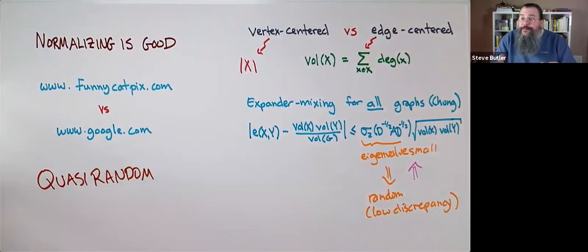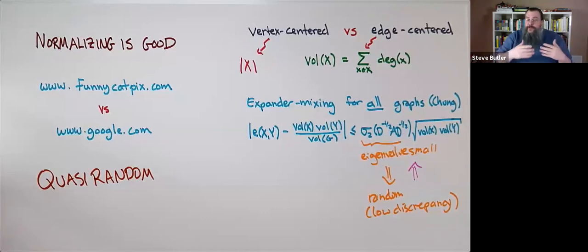What's quasi-random? Well, we have this idea of random. You go around and you flip a coin, and you make a graph this way. How random is it? How do I know that what I have is random? In some sense, you'd like to have a certification that says this graph behaves like what a random graph should behave like, in other words, what we would expect a random graph to possess.